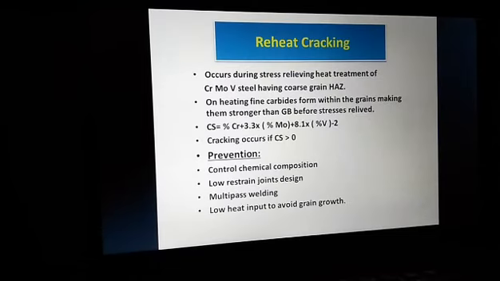Reheat cracking. Reheat cracking occurs during stress relieving heat treatment of chromium, moly, vanadium steel having coarse grain heat affected zones. On heating, fine carbides form within the grains, making them stronger than the grain boundary before stress relief.